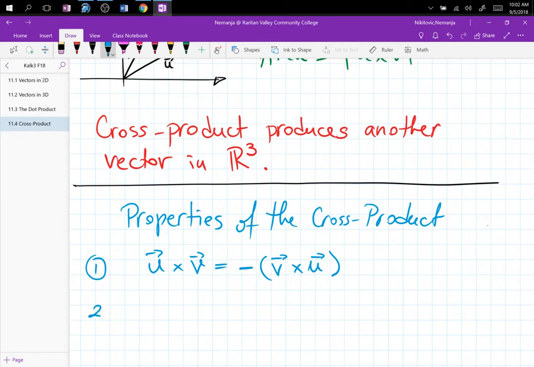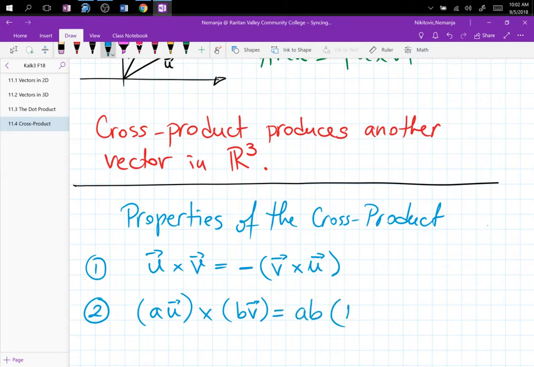Associative property, good effort. au cross bv is ab times u cross v.